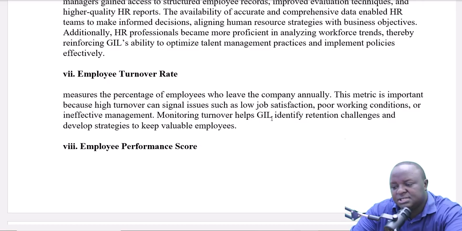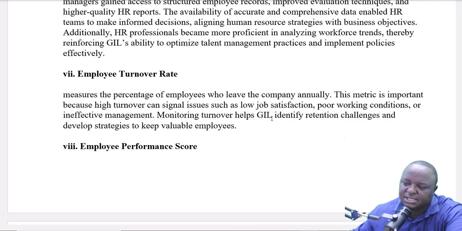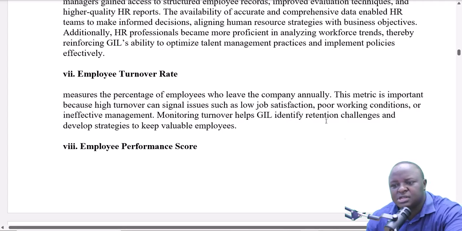And this decrease came about due to the benefits that were now being given to the employees in terms of the upgrade of their salaries, the house allowances, the medical allowances, and the assessment where all employees were factored into remuneration.